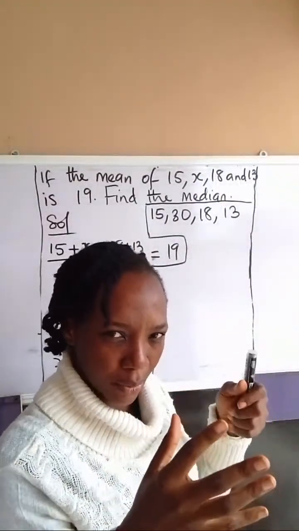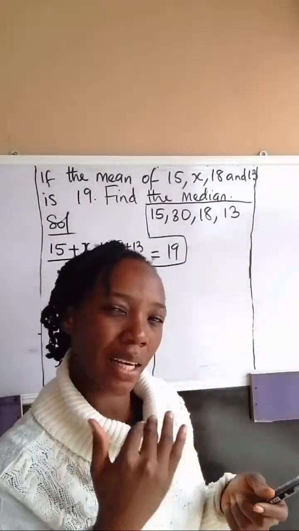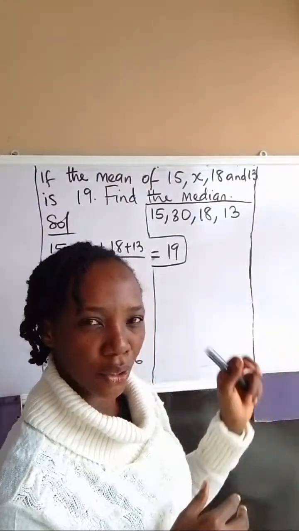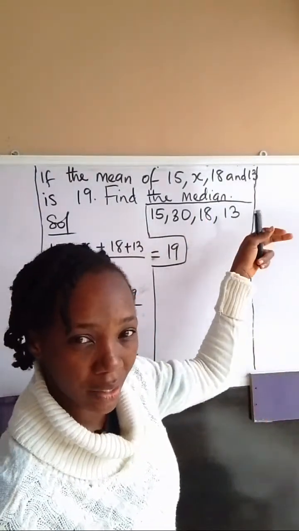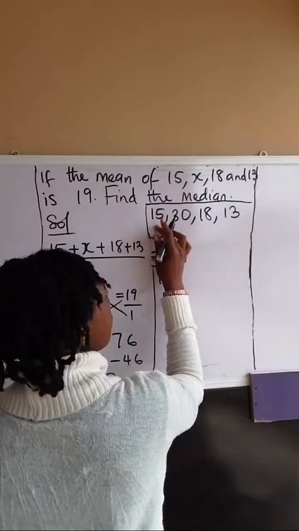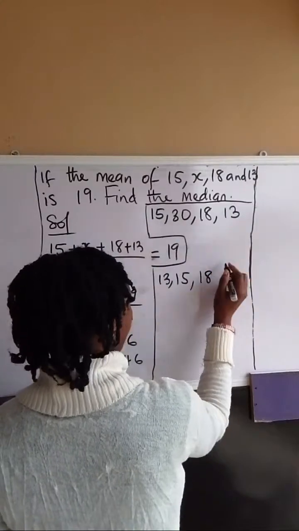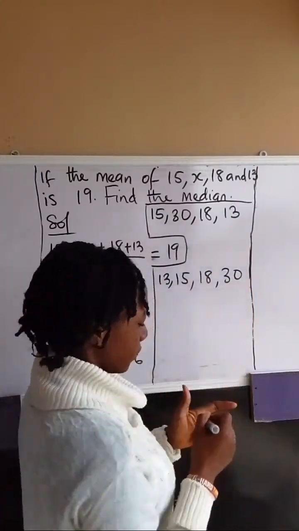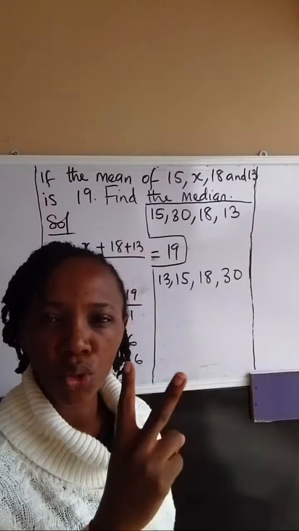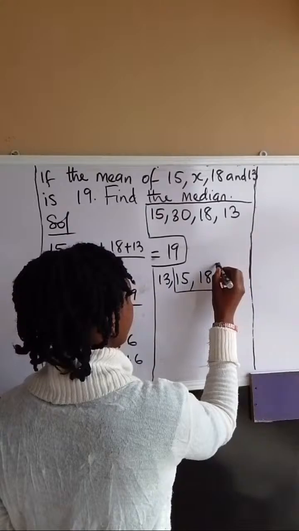What we need to do first is to rearrange them in ascending order. You don't just find the median like this. So from 13 to 15 to 18 and then 30. When you check, we have two numbers in the middle.